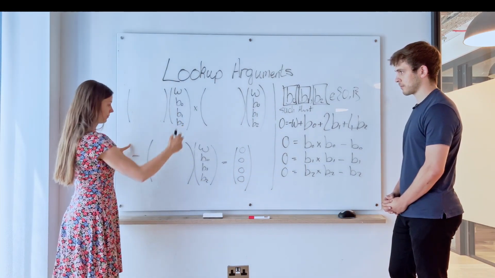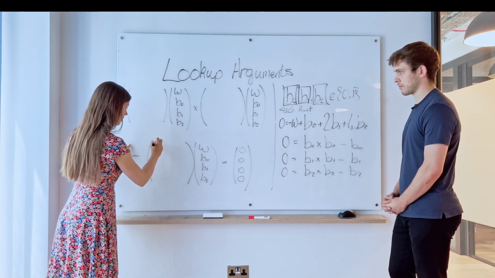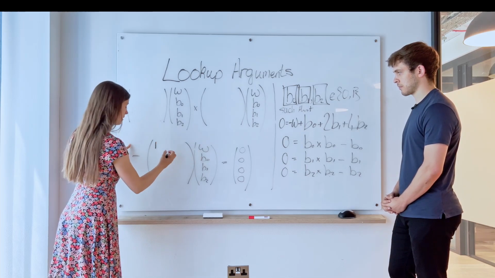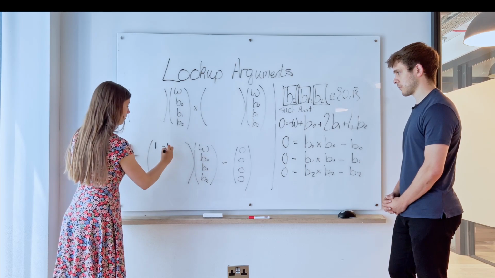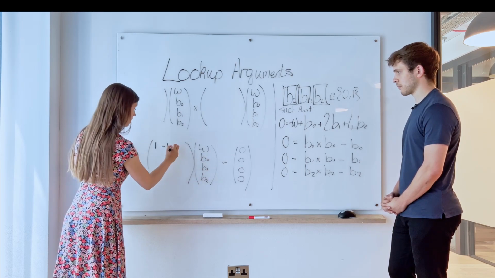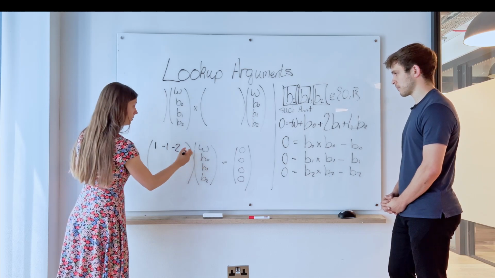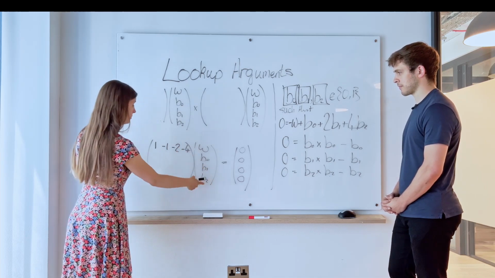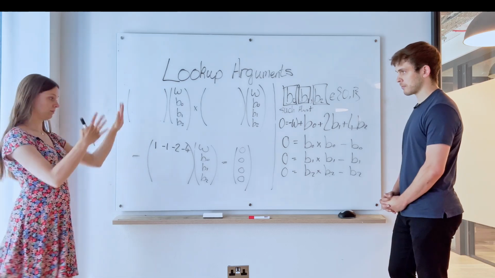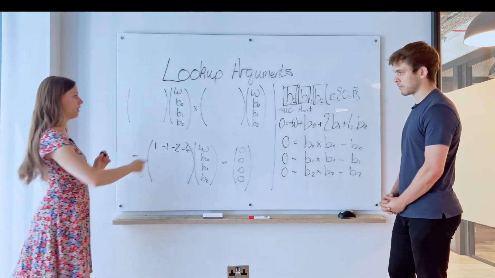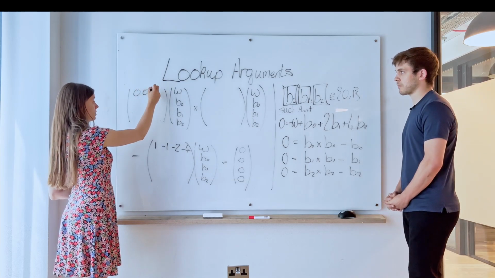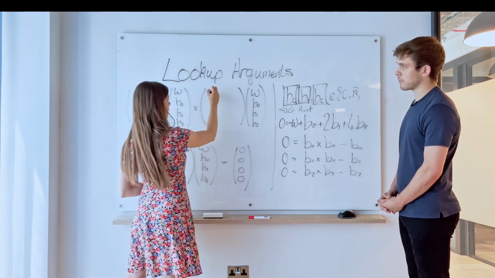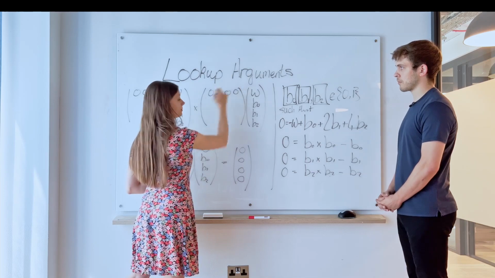To represent that constraint, I'm going to have 1 times W, minus 1 times B0, minus 2 times B1, minus 4 times B2, and I want that to equal 0. There is nothing happening with the multiplication constraints, so up here we just have 0, 0, 0, 0, and 0, 0, 0, 0.